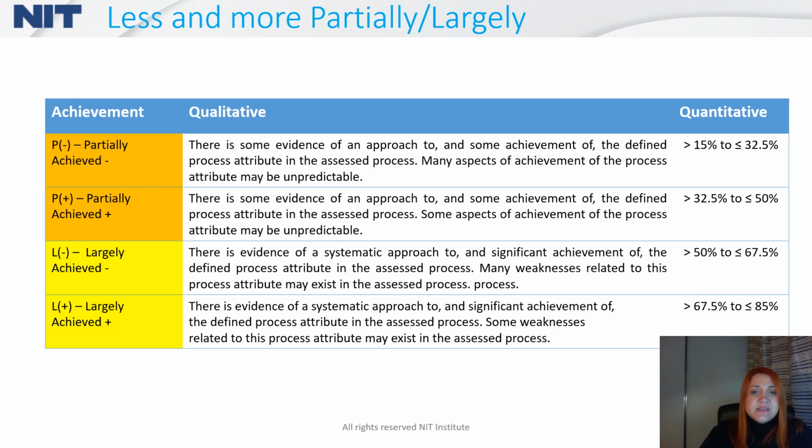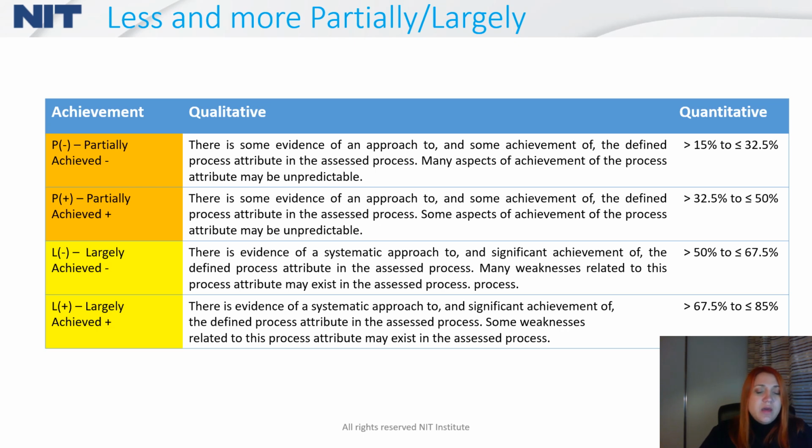The difference, when you are reading this sentence, is that in the minus one you have many aspects of achievement of the process attribute that may be unpredictable. And in the other one, which is plus, they say only some of the aspects may be unpredictable.